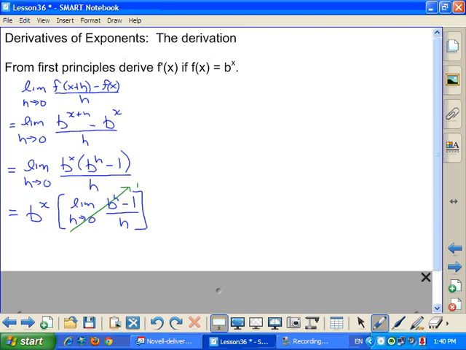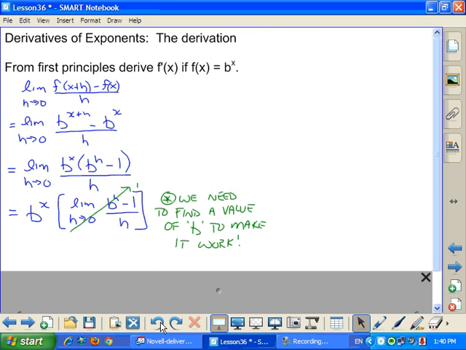The only way that would work is to find a value of b that makes it work. And that's what we're going to do.